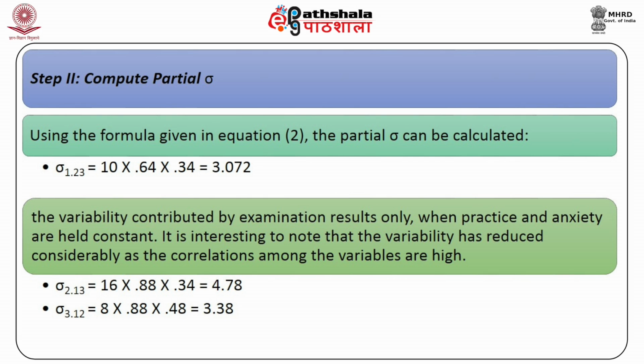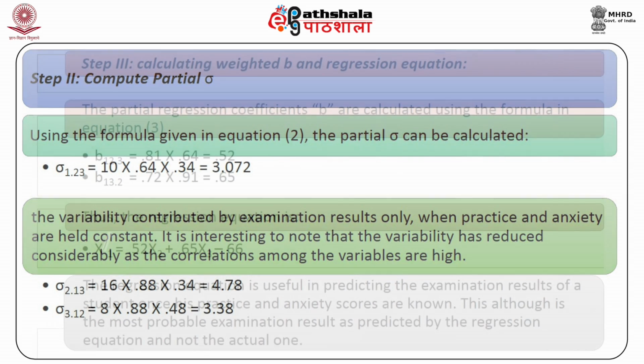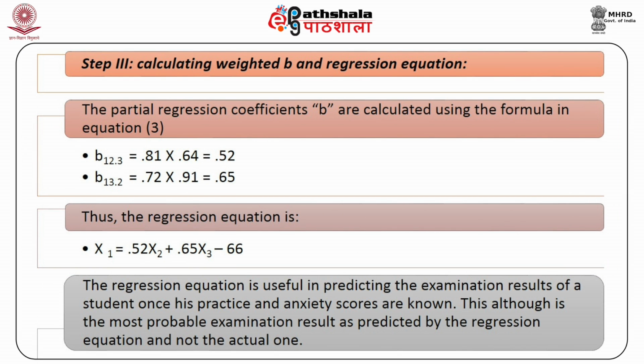Similarly, the variability of variable 2 while the effect of the first and third variables has been controlled, and the variability for the third variable when the effect of the first two variables has been controlled, are also shown to be 4.78 and 3.38 respectively. Calculating the weighted B and regression equation: the partial regression coefficients B are calculated using the formula in equation 3.